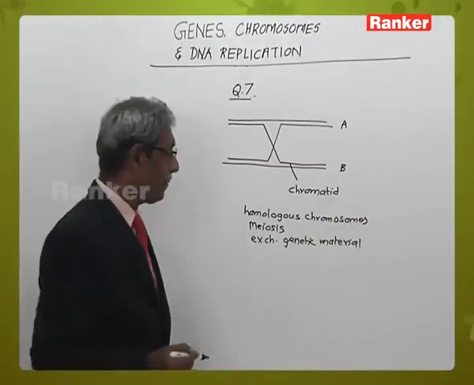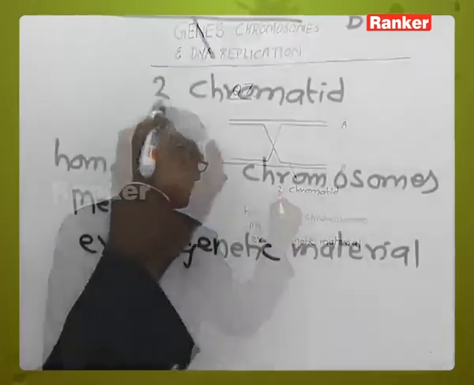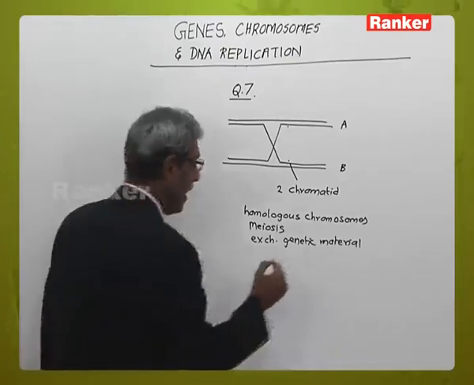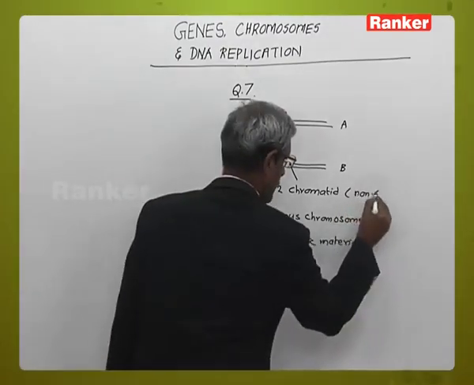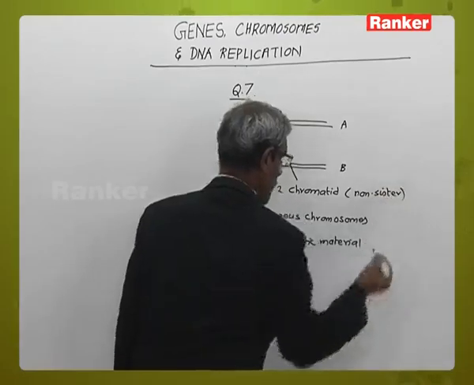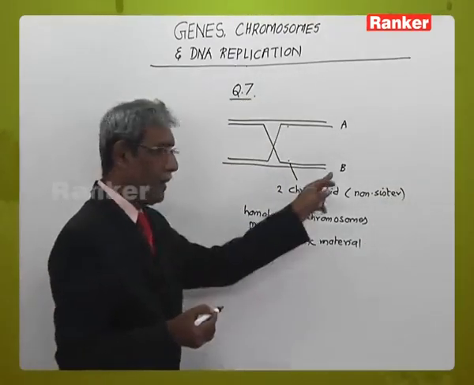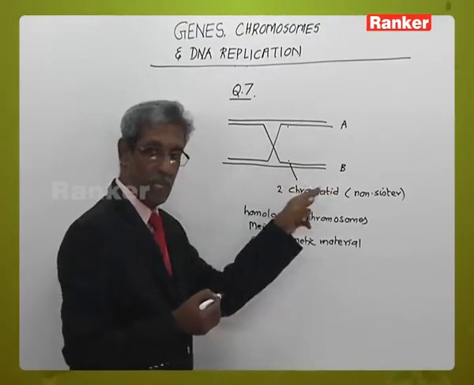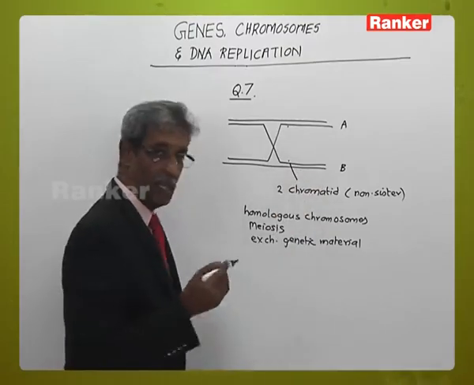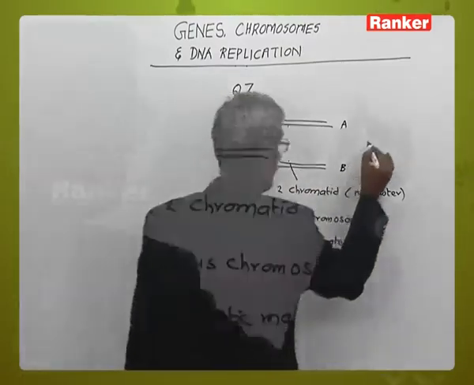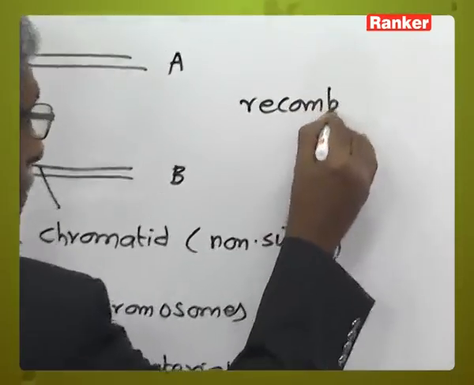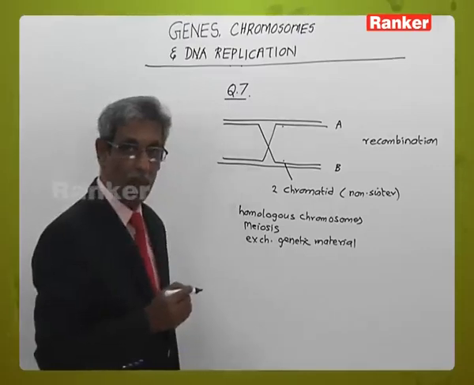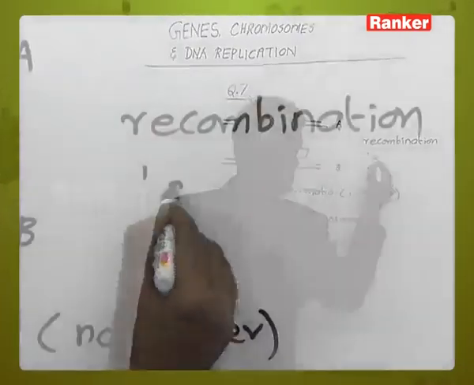The two chromatids involved are non-sister chromatids: one belongs to chromosome A, another belongs to chromosome B. This exchange of the chromatids results in a recombination, specifically of alleles.